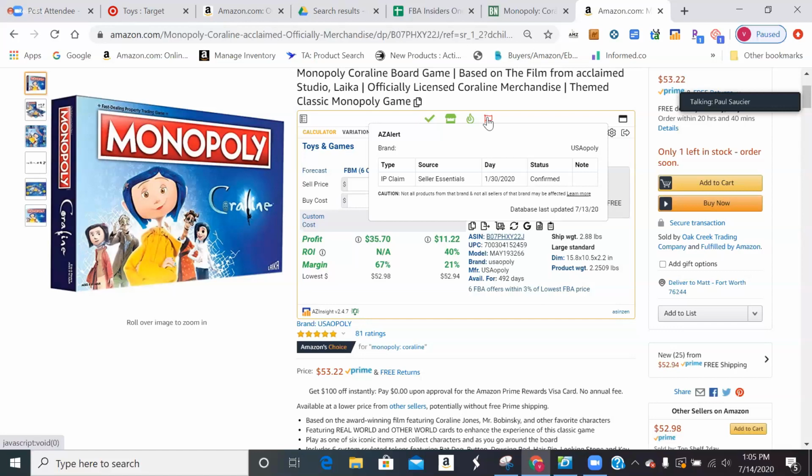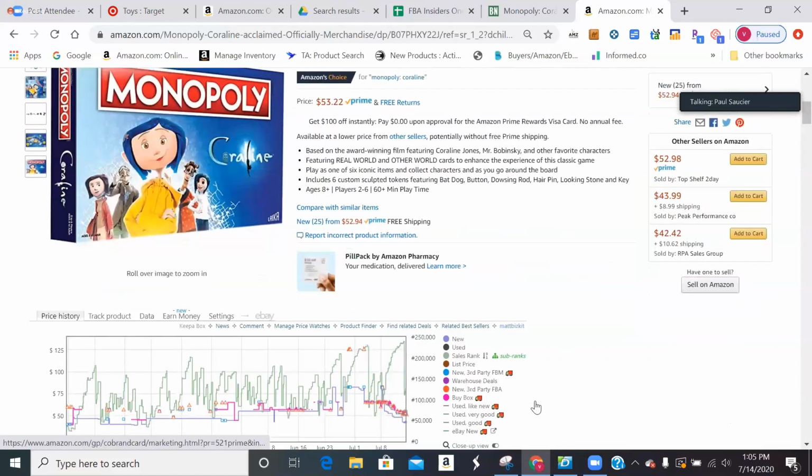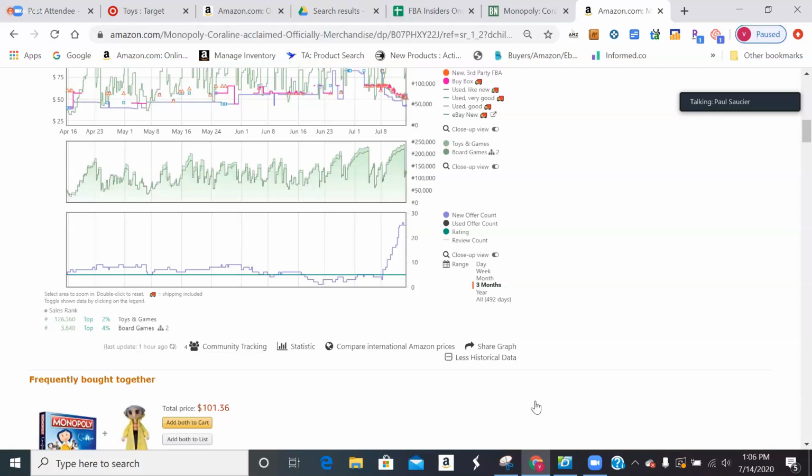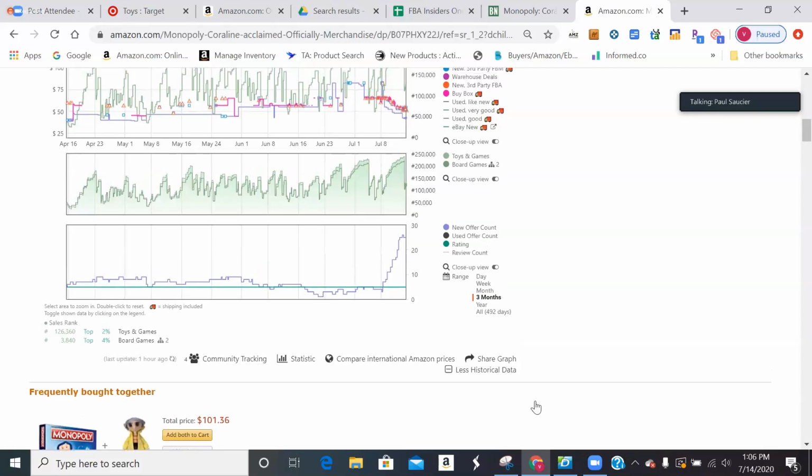And so the main thing that you want to look at when you hear about IP claims is, when you're looking at that Keeper graph, you see like a sudden just drop off in sellers. That means that everybody was just taken off right away. Right now you can see a bunch of sellers jumping on. You see that bottom graph, sellers are going in and out, and now the item is on sale, and so now people are scooping it up, bringing it in there.